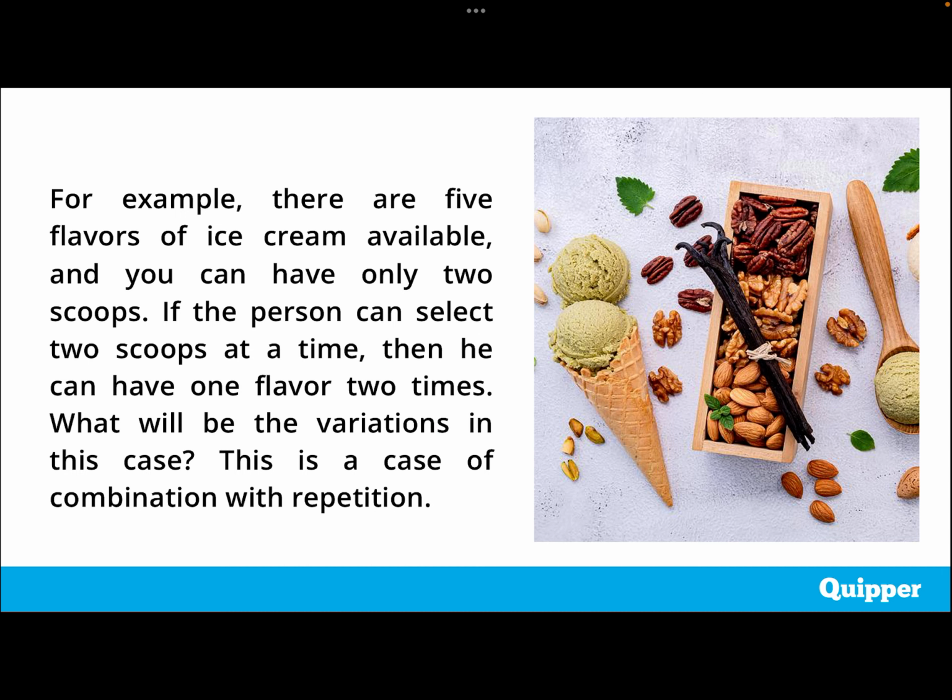So if the person can select 2 scoops at a time, then he can have one flavor 2 times. What do you think will be the variations in this case? What do you think, class? So in this case, this is an example of combination with repetition.